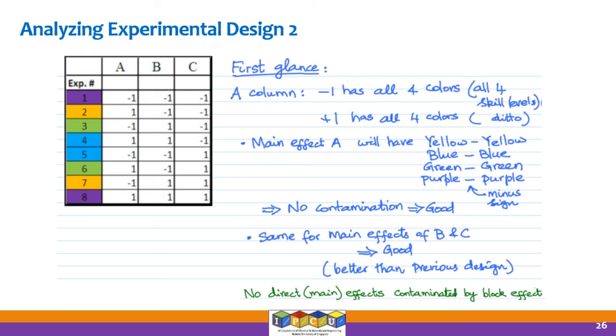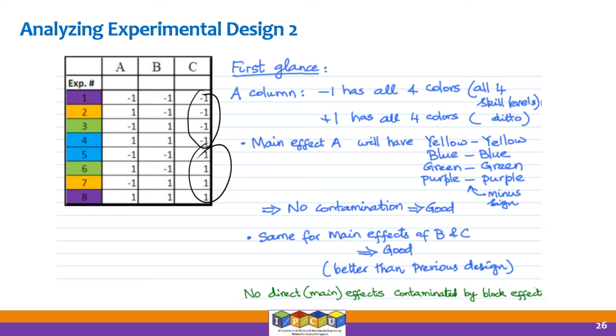Now, if you look at the experimental design 2, at first glance, let's start from C. For C equal to -1, we have all the four colors: purple, orange, green, and blue. For C equal to +1, we have all the four colors. That means each of the four blocks will have one experiment with C equal to -1 and one experiment with C equal to +1.